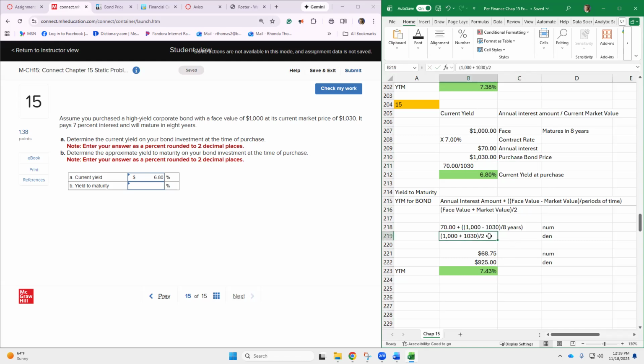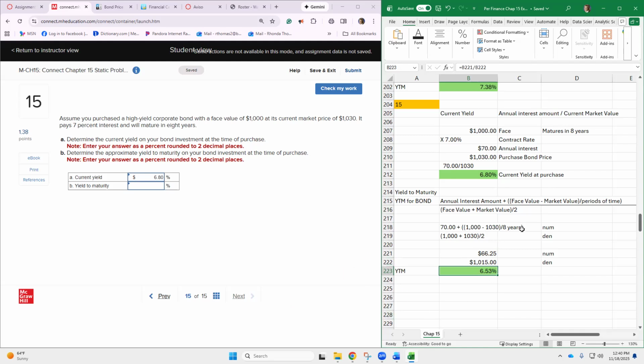So this becomes $70 plus 1,000 minus 1,030 divided by 8. Okay, that's 66.25. And then we take 1,000, which is the face, plus the price we paid. We add those two together and divide by 2, and you get 6.53.